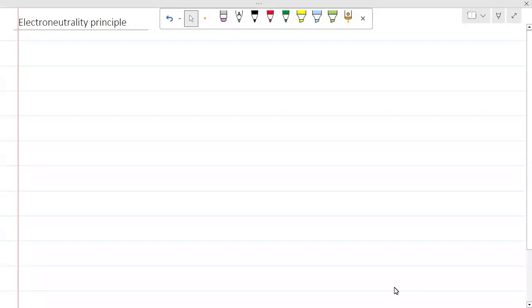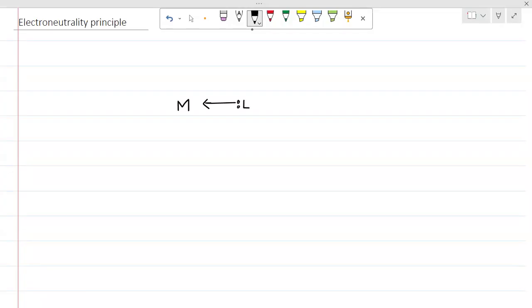Electroneutrality Principle. Okay, so we said yesterday that if you have a metal, there are ligands who are ready to donate their lone pair of electrons to the metal. And where does it enter to? It enters into the vacant d orbitals of the metal. Right.